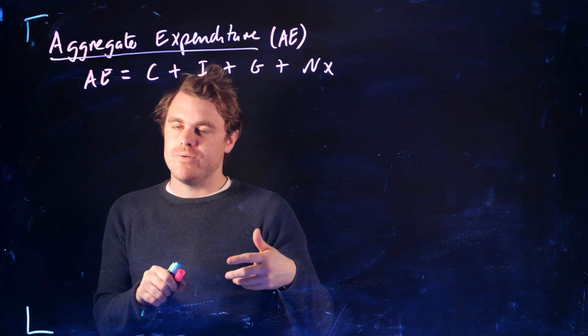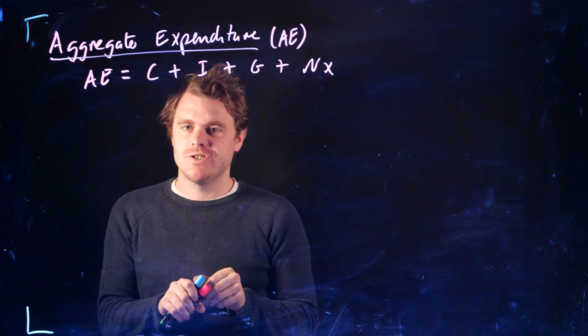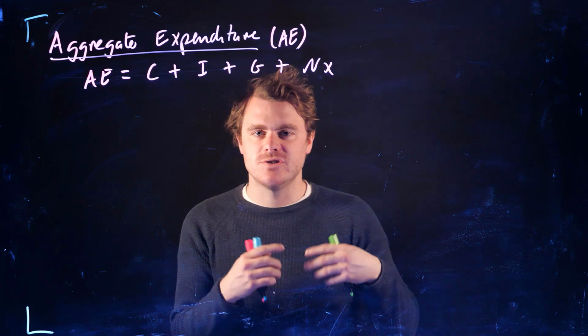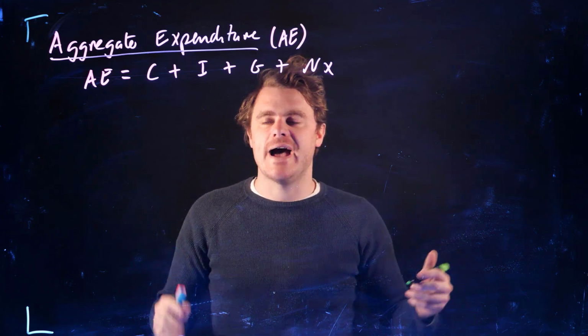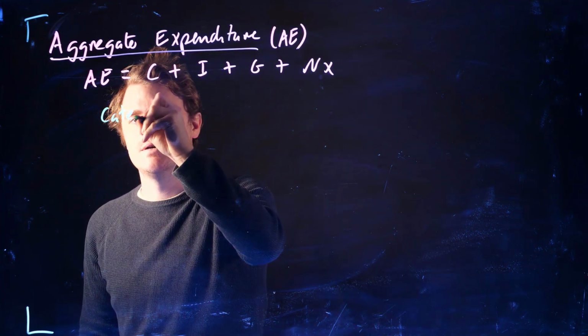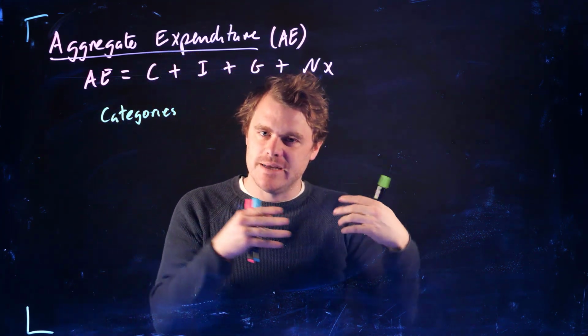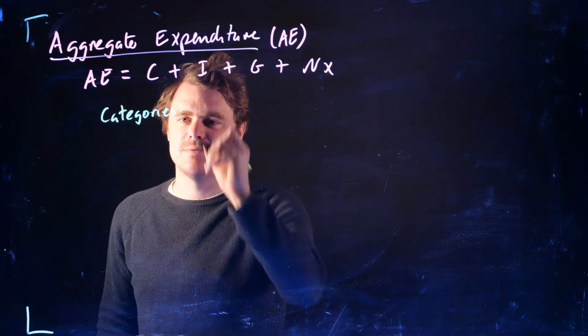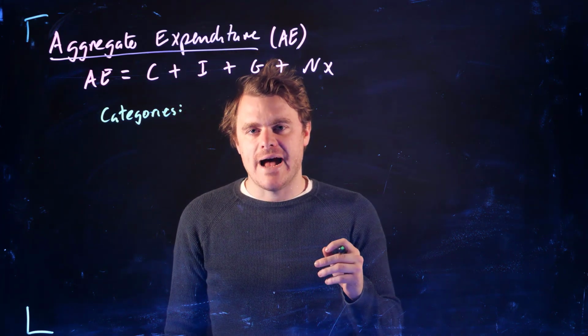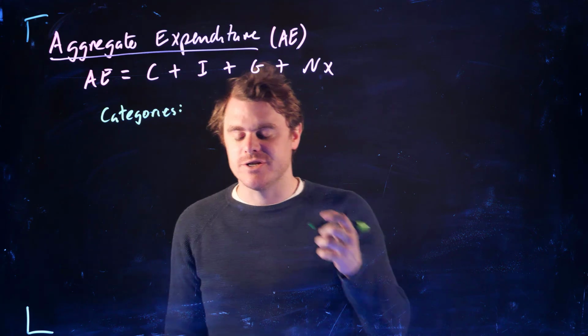When we think about different kinds of expenditure within our model, we can think about two broad categories. We already have these categories here, but I'm thinking about a different way of categorizing expenditure. We're going to have autonomous expenditure.